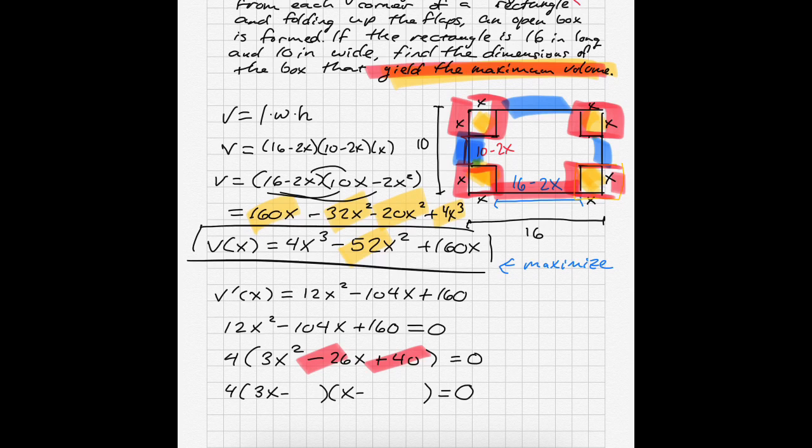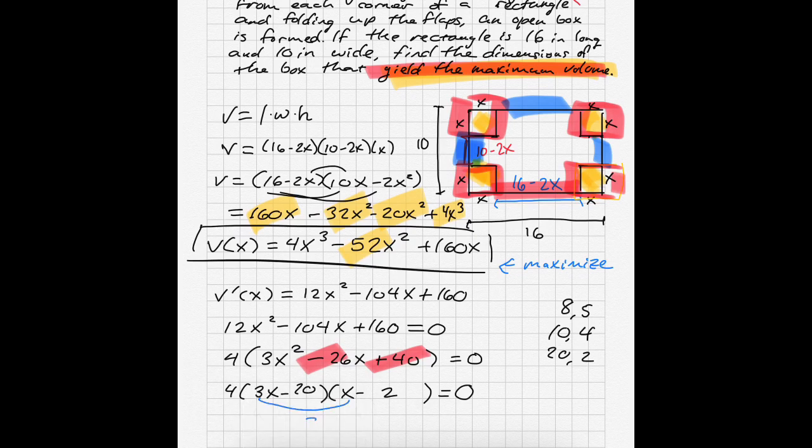There's 10 and 4, 20 and 2, and 8 and 5. So I have to try; what if I put 2 here and 20 here?